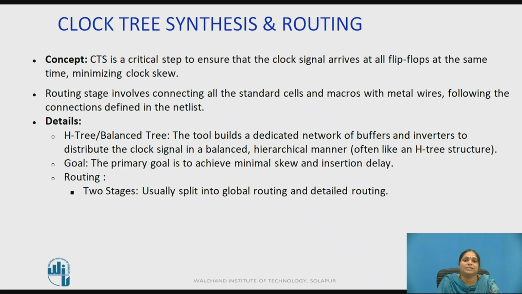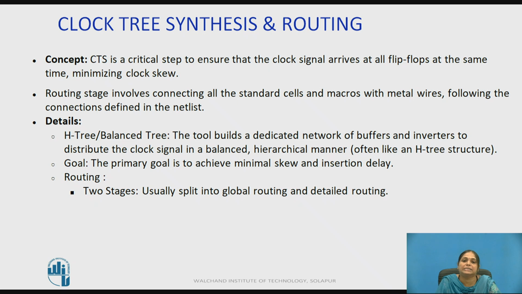Clock tree synthesis and routing. CTS is a critical step to ensure that the clock signal arrives at all flip-flops at the same time, minimizing clock skew. The routing stage involves connecting all the standard cells and macros with metal wires following the connections defined in the netlist.